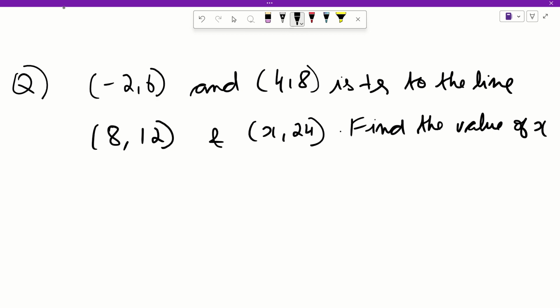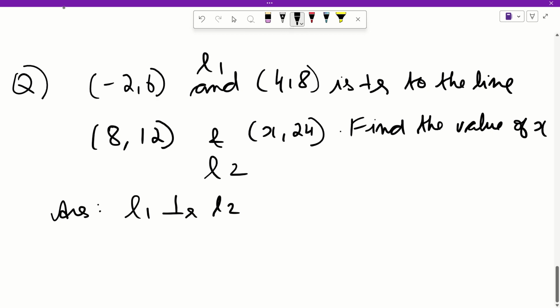Here we have 2 lines. L1 is represented by this one, L2 is represented by this one. In the question it's given that L1 is perpendicular to L2, right? What happens if L1 is perpendicular to L2? The product of the slopes will be equal to -1, that is m1 into m2 equal to -1.